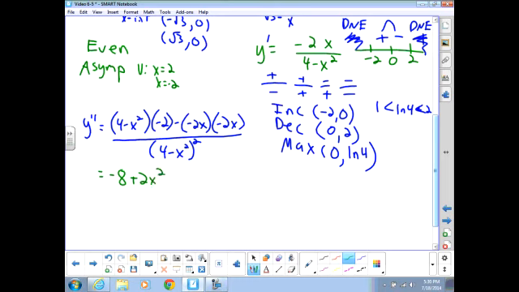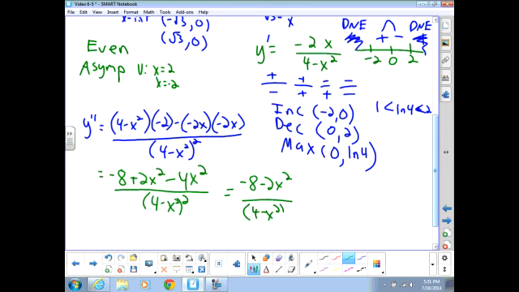You have a negative times a negative times a negative, so that'll be a negative, and it'll be 4x squared. So we'll end up, after we put our denominator in, with negative 8 minus 2x squared all over our denominator, the 4 minus x squared squared.